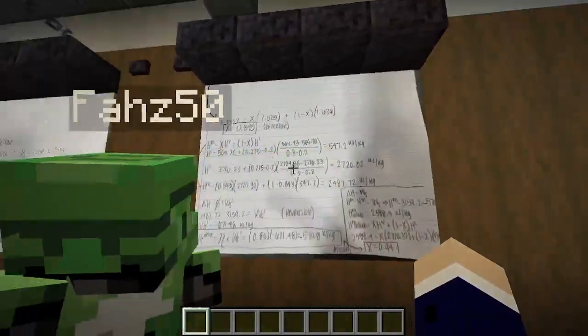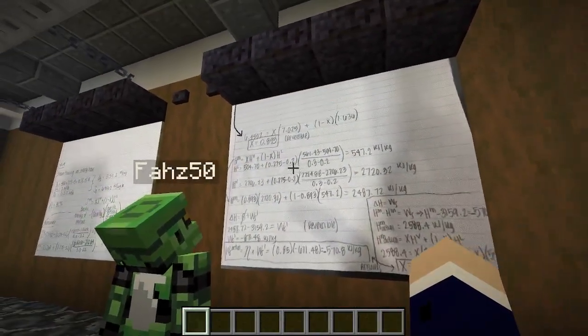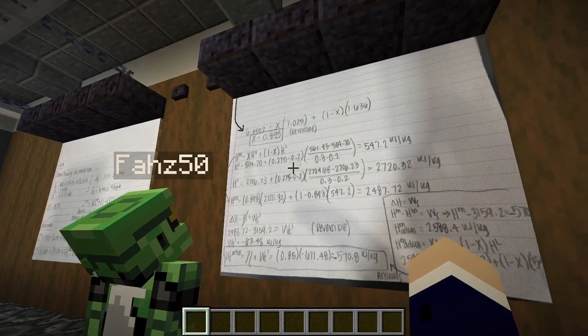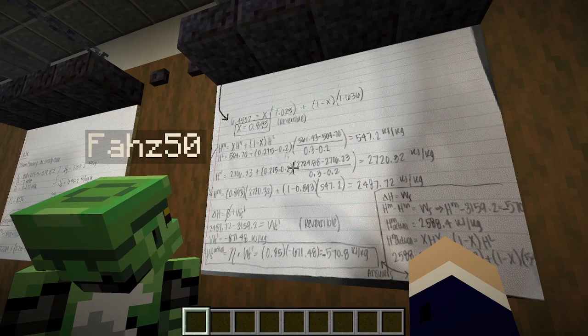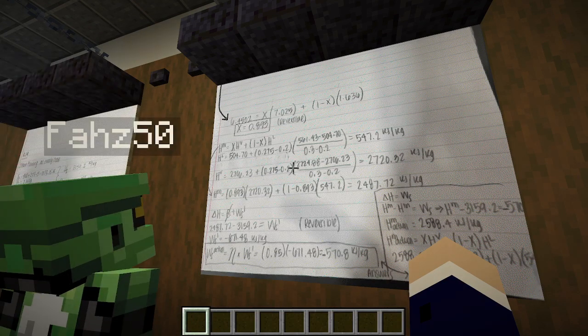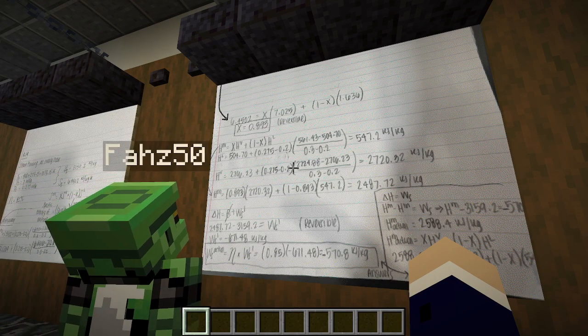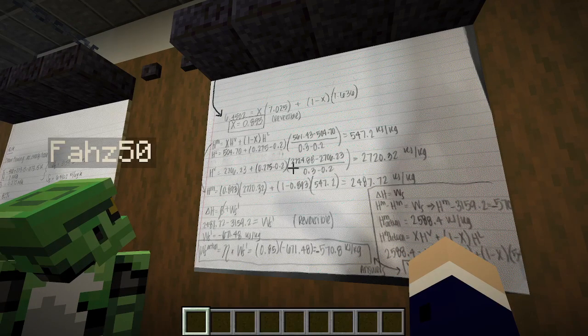All right. Like Tyler just said, we found the reversible quality. In order to find the irreversible, we need to use this equation right here.